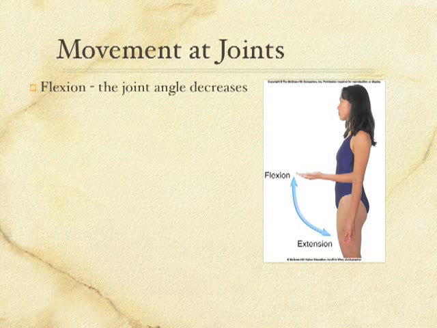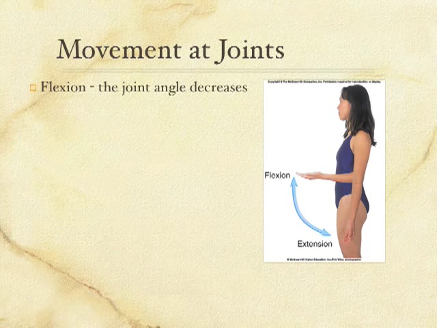So you're all educated people, right? If you go from here to here, the number of degrees is getting smaller, isn't it? It's decreasing. 180, 170, 160, 150, up to 90, right? And keep going, 90, 80, 70, 60, 50. So a flexing activity would be described as the joint angle, the number of degrees in the angle, is decreasing.